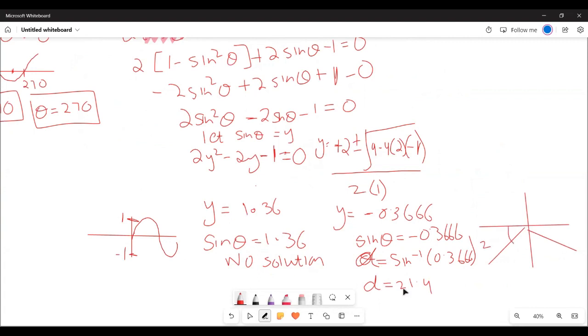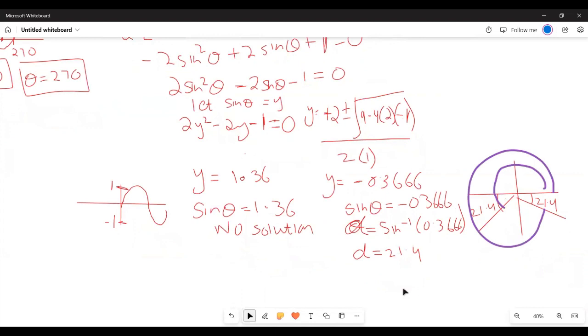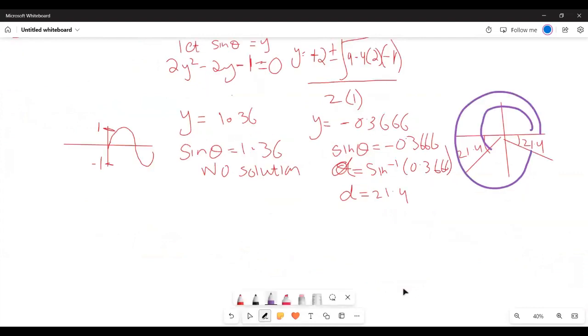So this is 21.4 and this is 21.4. So one of our answers is going to be 180 plus 21.4, and the other answer is going to be 360 minus 21.4. Theta equals 180 plus 21.4 and theta equals 360 minus 21.4.